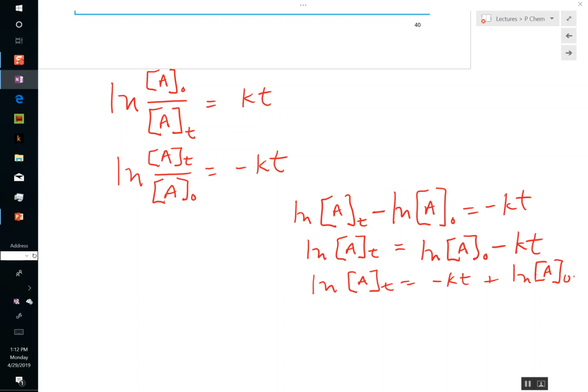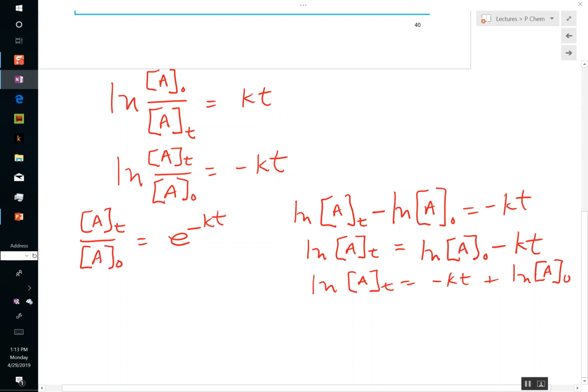And another way to graph it or represent this equation would be to take the analog of both sides. So you'd have this over that equals e to the negative kt.